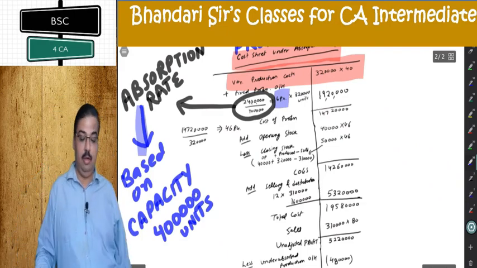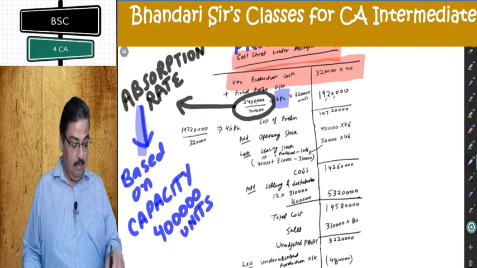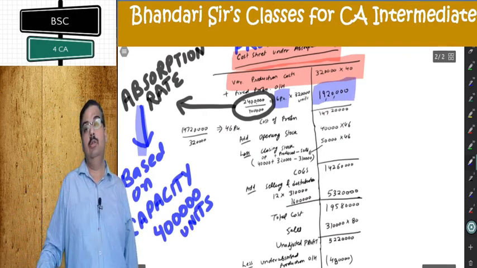Multiplied by production units 3 lakh 20,000, I am getting 19 lakh 20,000.